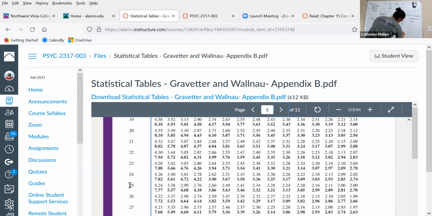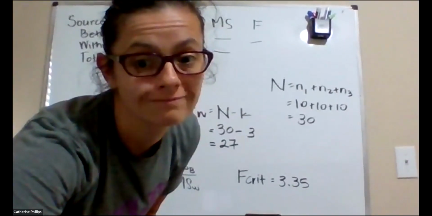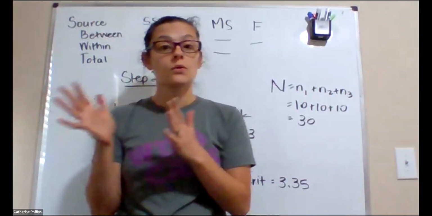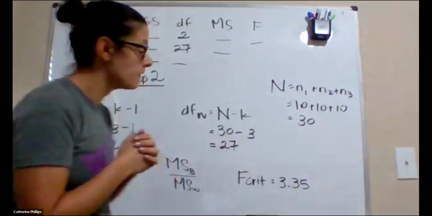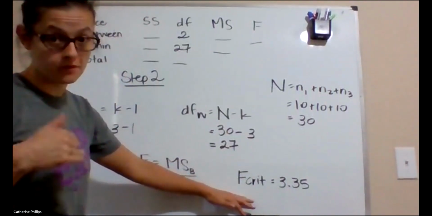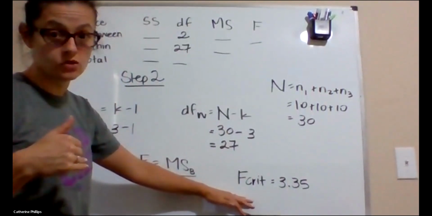F critical is 3.35. So 3.35 is going to be the value that we compare to in step 4 of the hypothesis testing procedure.